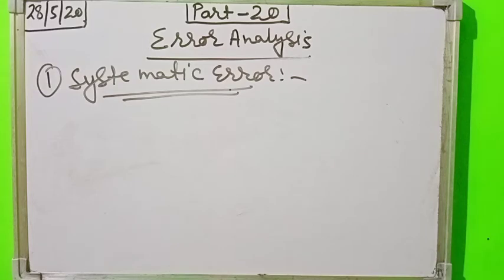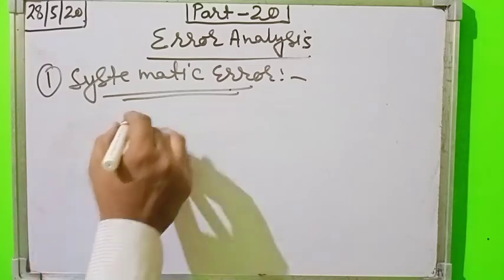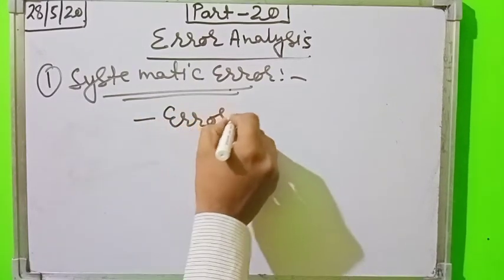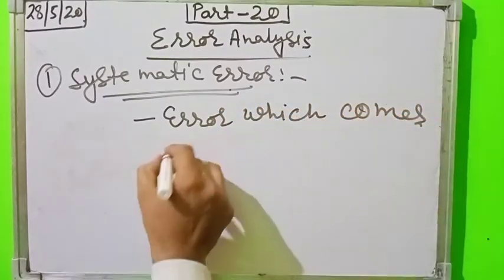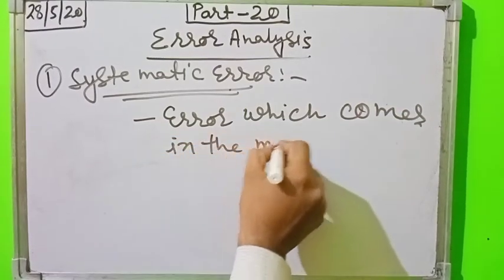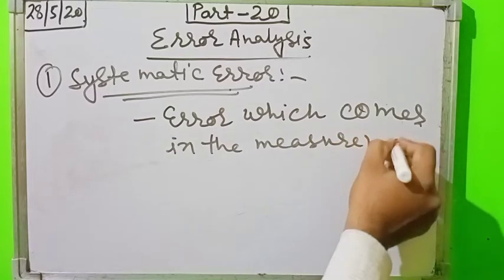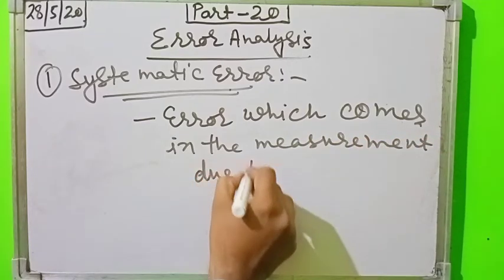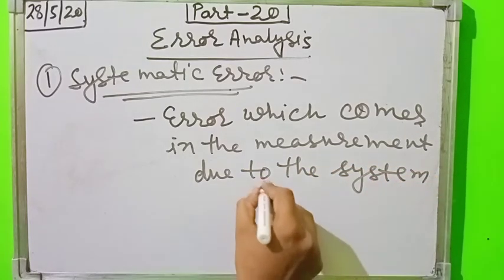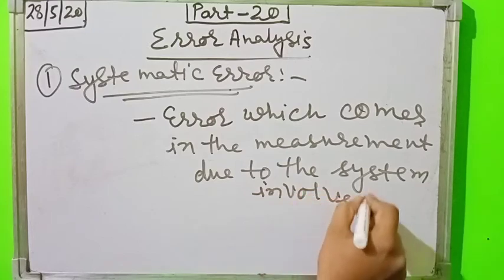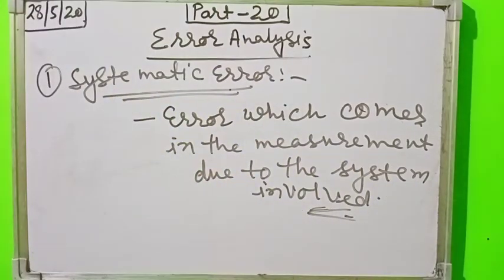As is clear from the name, systematic error means that type of error in the measurement which comes due to the system involved. That error is called systematic error.